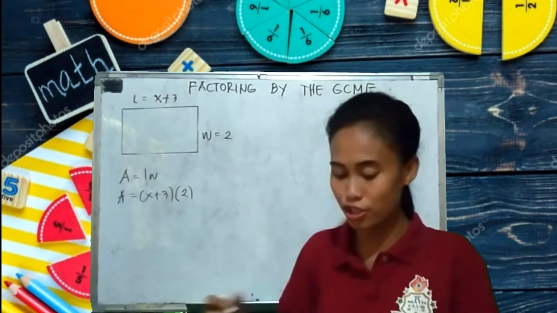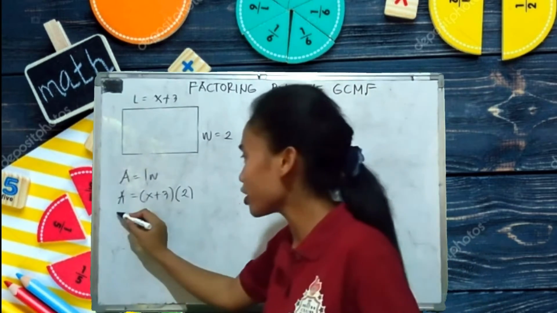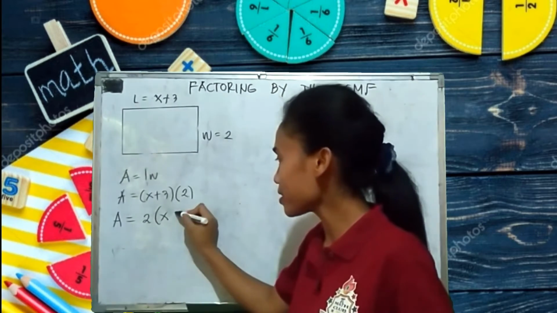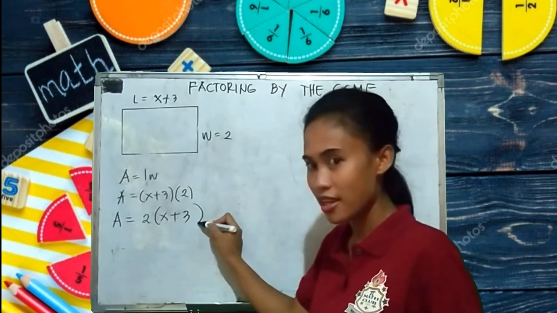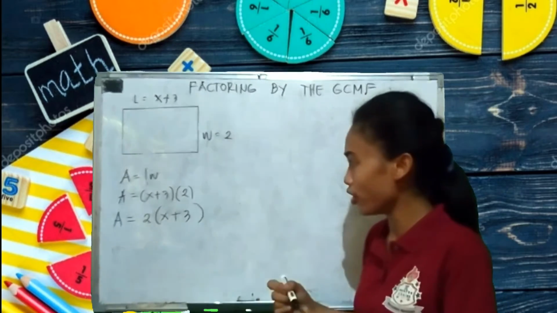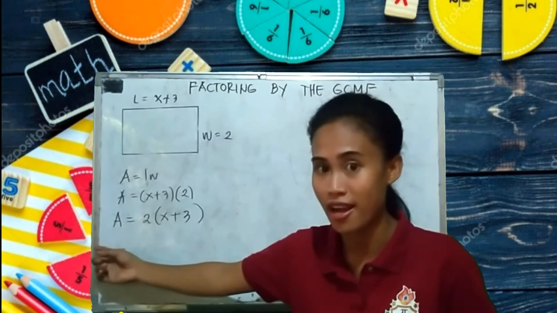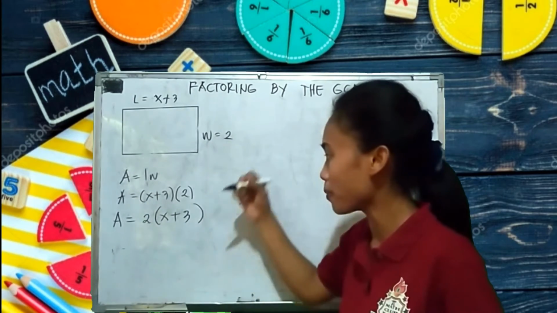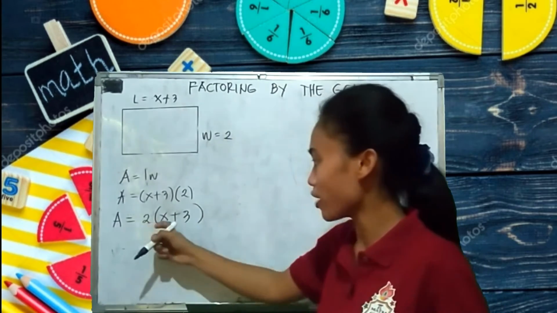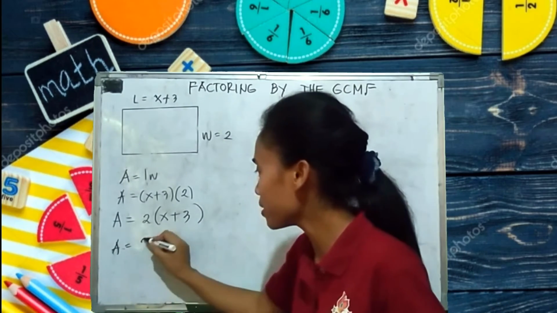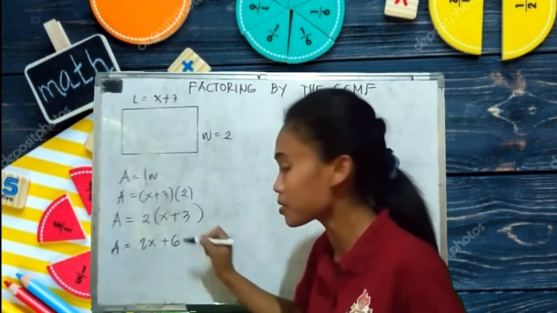Since multiplication is commutative, we can write the area as 2 times x plus 3. If you observe, the length and width are the factors of the area. Now, the relationship of the 2 and the x plus 3 to the area.